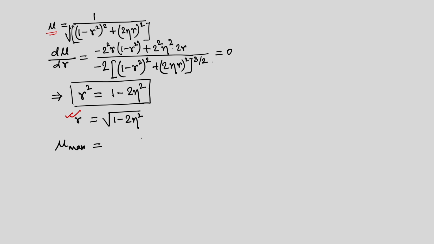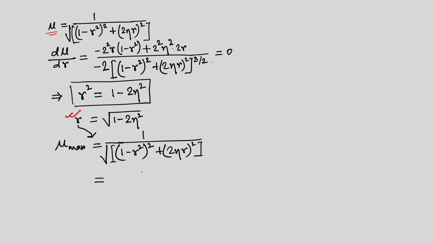What we will do? We have the expression, root of 1 minus R square whole square plus twice eta R whole square. Let us substitute this expression of R in this expression, and we will find out what is the maximum value.